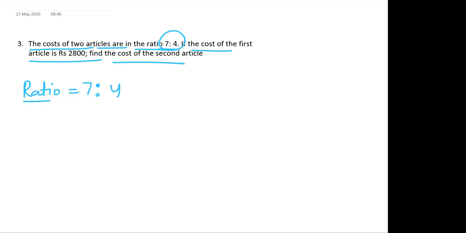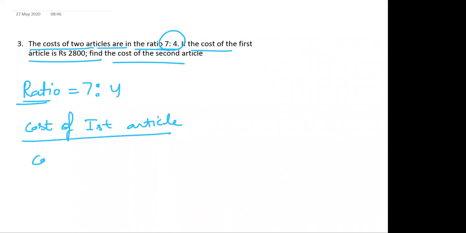And what ratio is it given? Cost of two articles. So you will say cost of first article upon cost of second article.